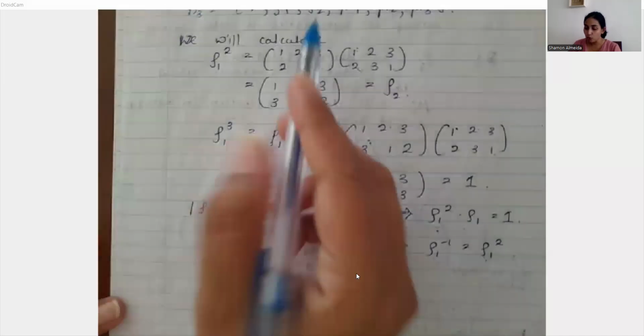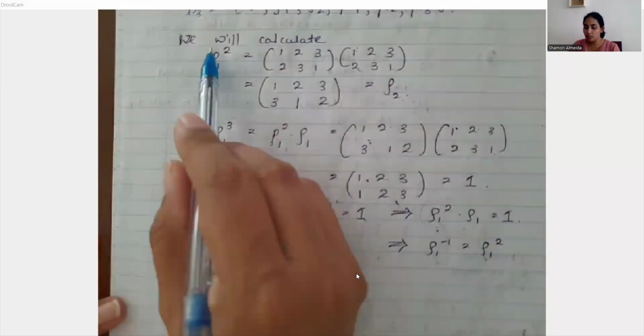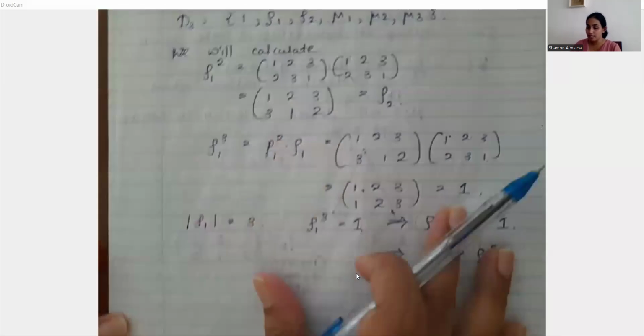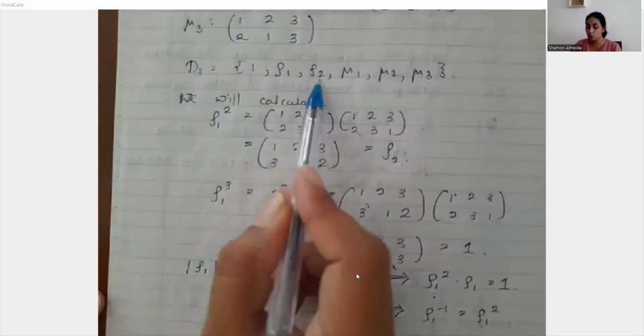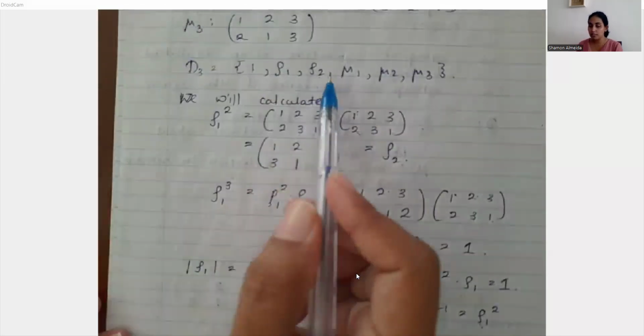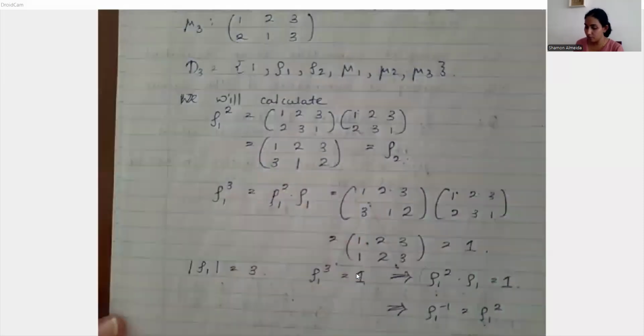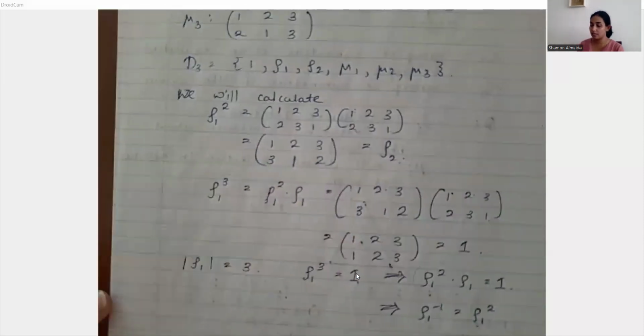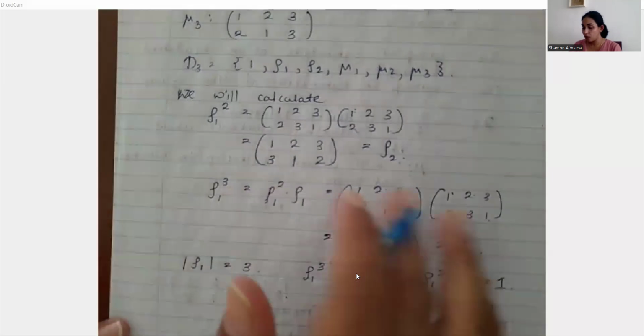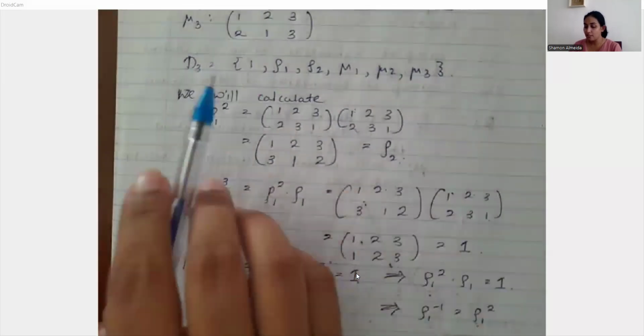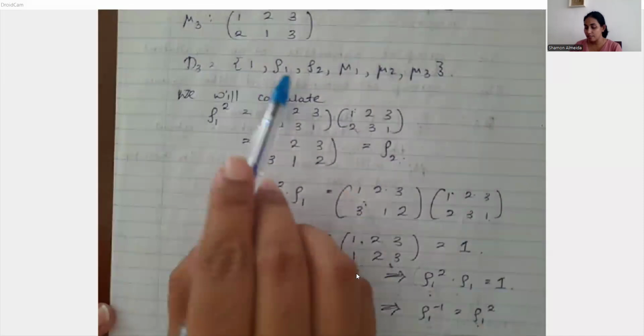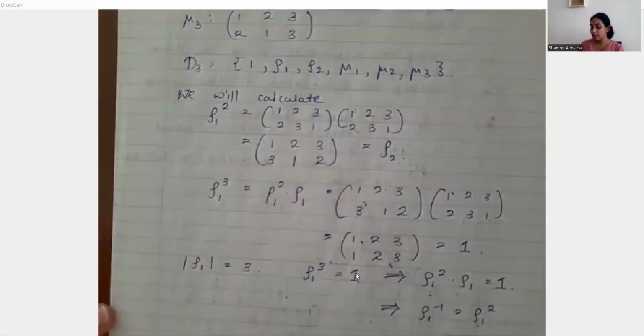Then we have rho 2, which is given by rho 1 squared. So all these, the first 3 elements that you see in this group. We haven't shown yet that it is a group, but we will show that all the axioms are satisfied. So these 3 distinct elements are simply given in terms of rho 1.